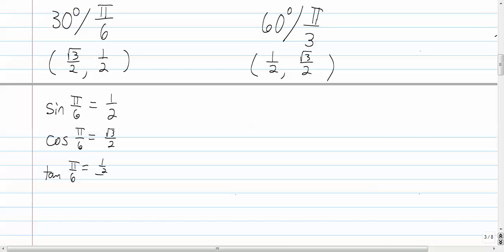So 1/2 divided by square root of 3 over 2. And then we need to flip and multiply. So this is 1 over the square root of 3, or the square root of 3 over 3.